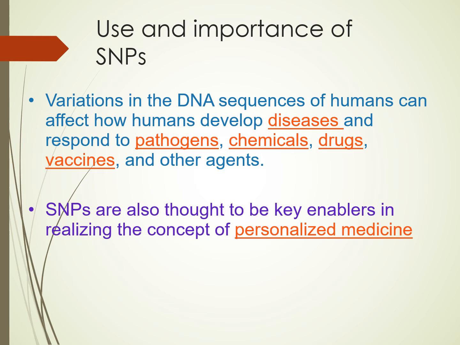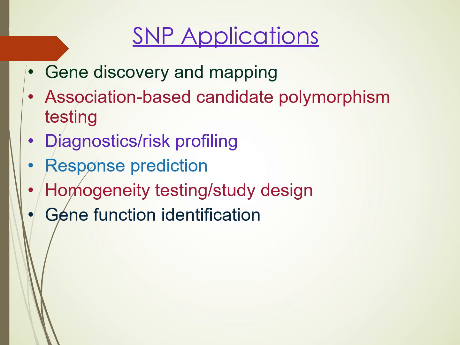So it is very important for us to identify the polymorphism in the human genomic DNA, to identify the different alleles present in the human population, because all these different DNA sequences are going to be responsible for the different response to disease, pathogens, chemicals, drugs, and vaccines. Then SNPs are also thought to be key enablers in realizing the concept of personalized medicine. That we are going to discuss in the next few lectures on pharmacogenomics.